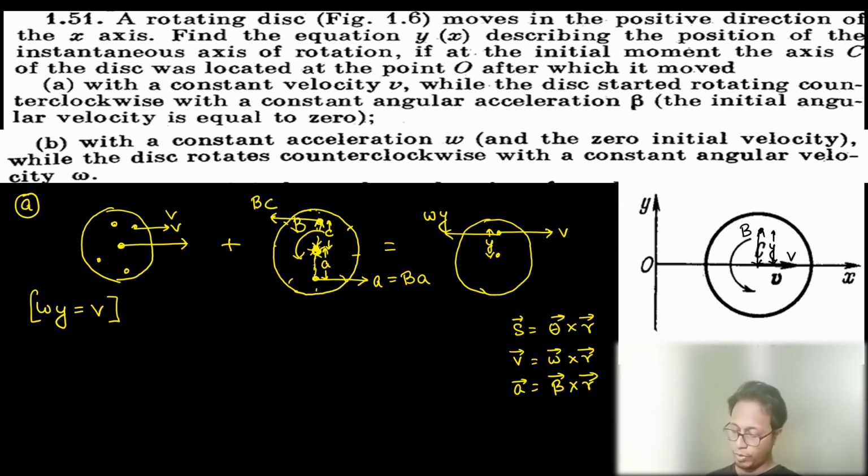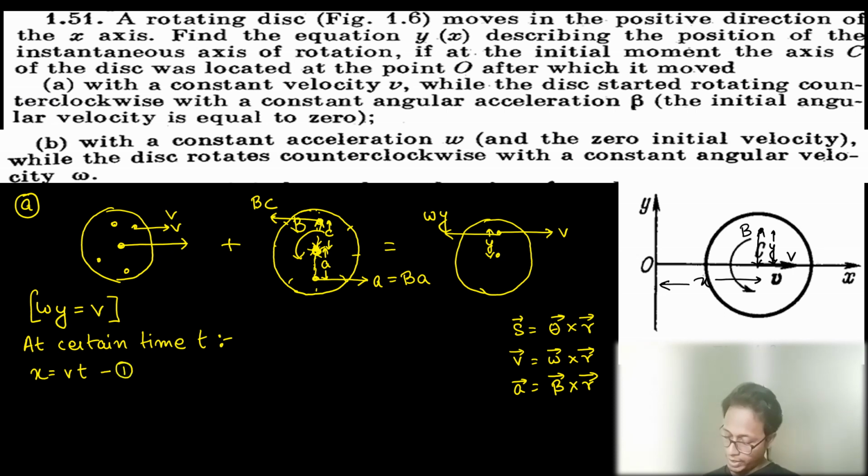Now the problem is angular acceleration is given, the angular velocity was not given. Now let's say at a certain time t, the position x from point O would be given as x is equal to v into t, because there is no linear acceleration. And what is the angular velocity?